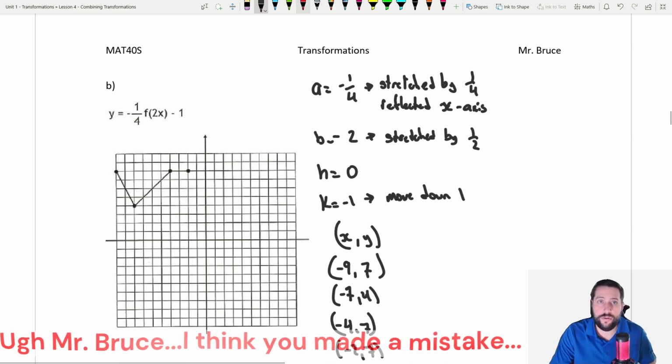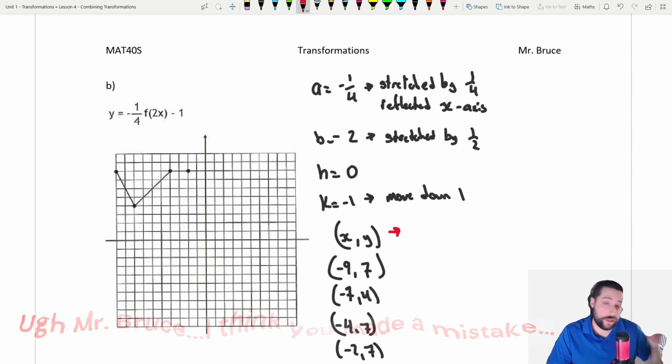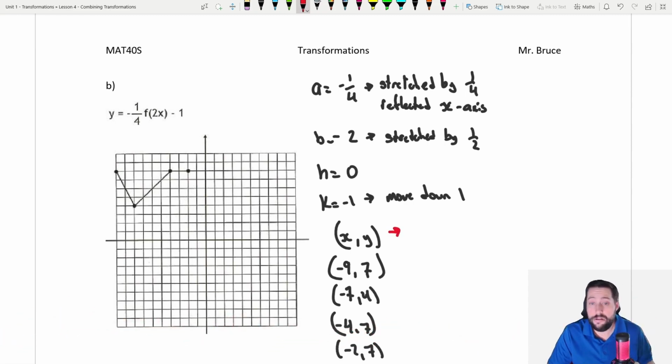So when we do the mapping notation, that now becomes x over 2, right? So you're going to divide all your x values by 2, and then for y it's -y over 4 plus 1.